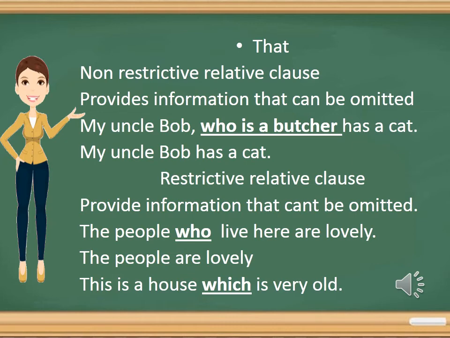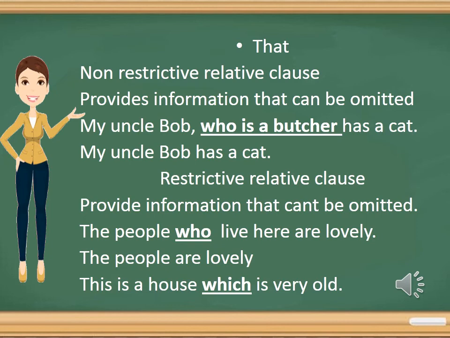Restrictive relative clause provides information that can't be omitted. That means the information provided in a restrictive relative clause is very, very important. The people who live here are lovely. Now, if we omit the information given in the sentence, who live here, then the sentence can be read as the people are lovely.